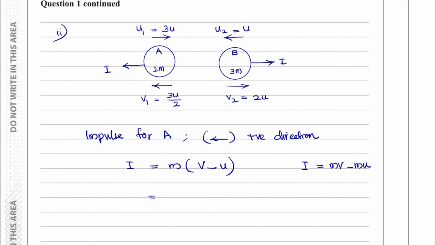The mass of particle A is 2m, into v is 3u by 2, minus u is 3u, but 3u is in the opposite direction, so I substitute a negative value. That is equal to 2m into 3u by 2, minus of minus is plus 3u.